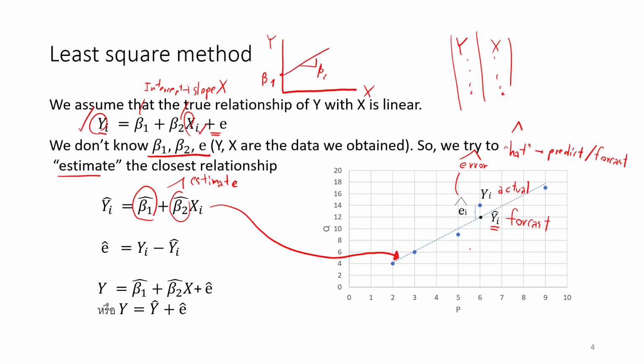After we put each x, for example, if x equals 6, the real data is 14. Here, 6, real data is 14. But the model or the forecast line said that, oh, the predict is 12.